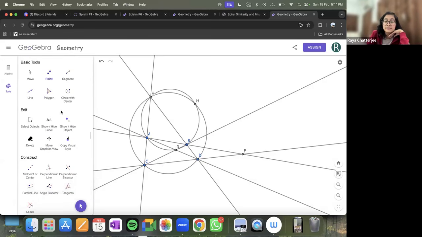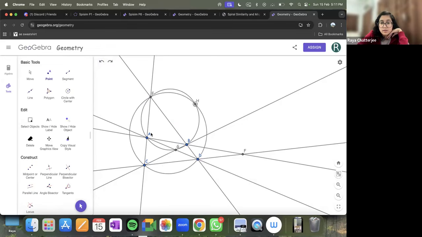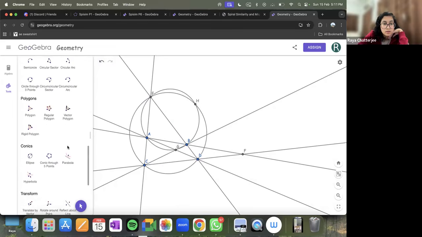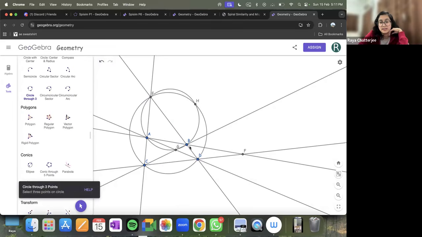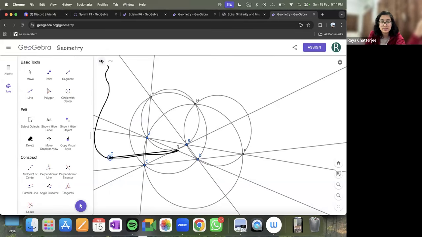Then I'm claiming that the circles BDF and ACF are also going to pass through this point. I'll just draw it for you to see. This is Miquel's theorem, and this happens in general for any quadrilateral ABCD.